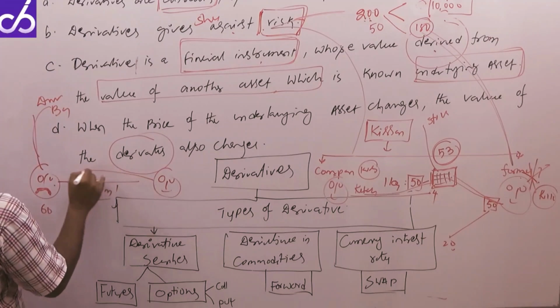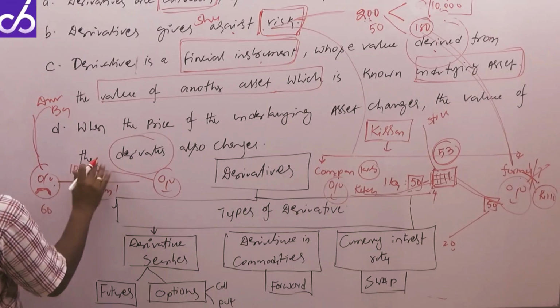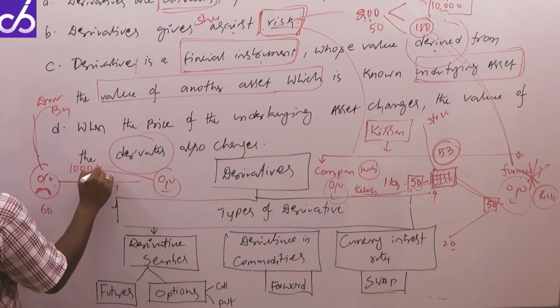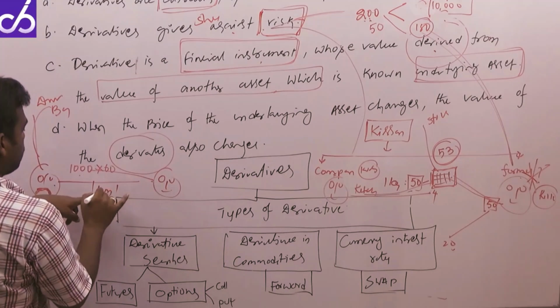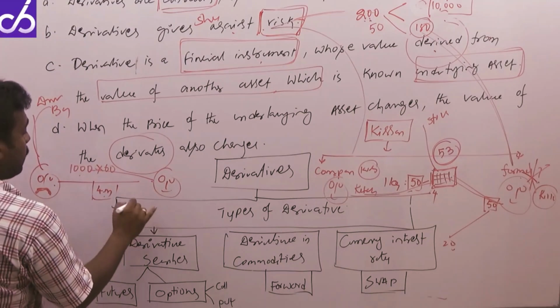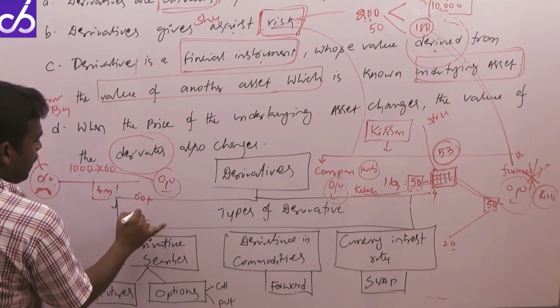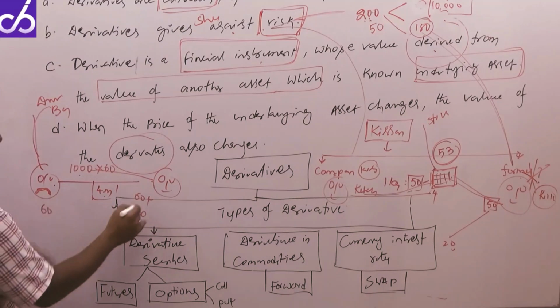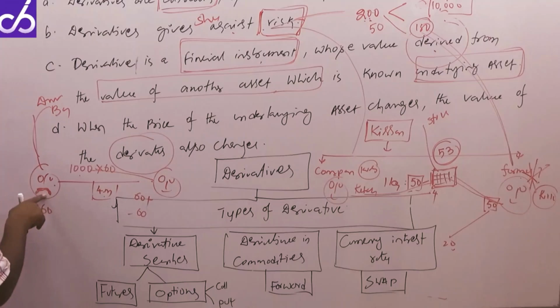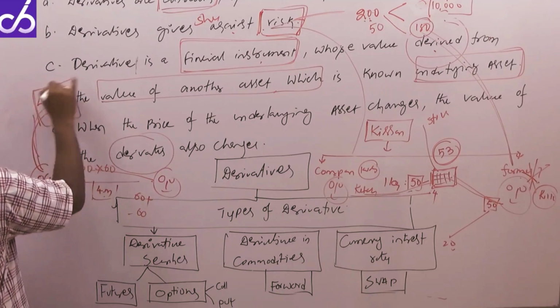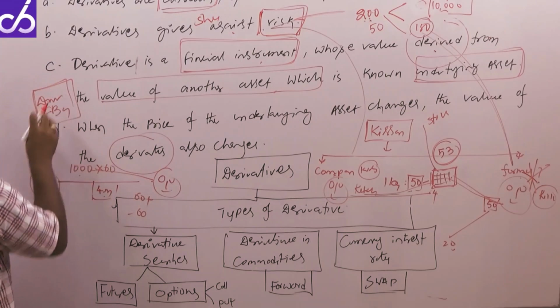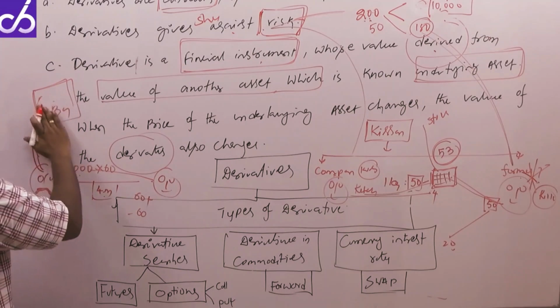So this man has to give $1,000. If he gives it now, its value would be 60. But I am in a dilemma that at the end of the 4th month, when he is supposed to pay in dollars, the dollar value may be 60 plus or 60 minus. If the dollar value is 60 minus, I have to bear a loss. Now what will I take? I will take a derivative agreement. If I take a derivative agreement, this agreement will protect me. So what is this derivative agreement?